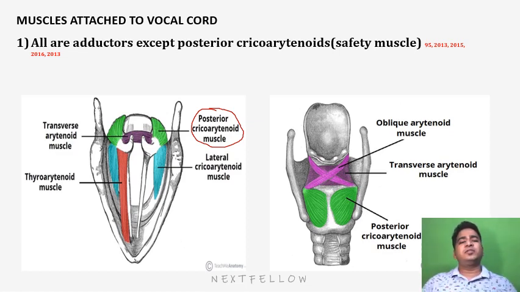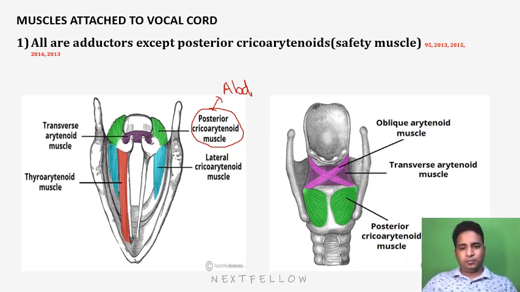So the only muscle responsible for abduction is the posterior cricoarytenoid, and the rest are all for adduction. Adduction means bringing the vocal cords together, making the vocal cords closer to each other.